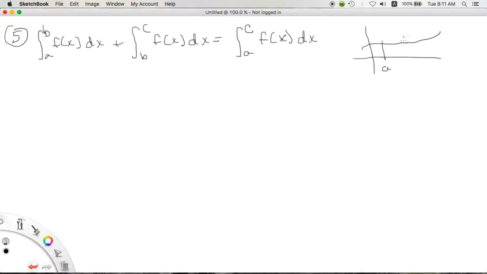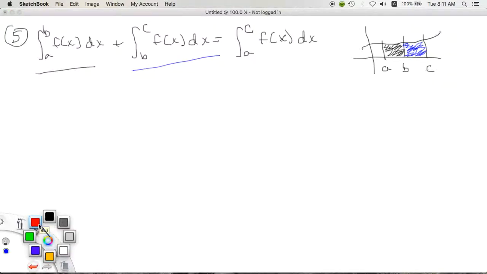So if we've got a and b and c, the first integral is this one, and then the second integral is this part here. If I'm adding those two together, then this is just the whole thing added together, which means we're just going from a to c.